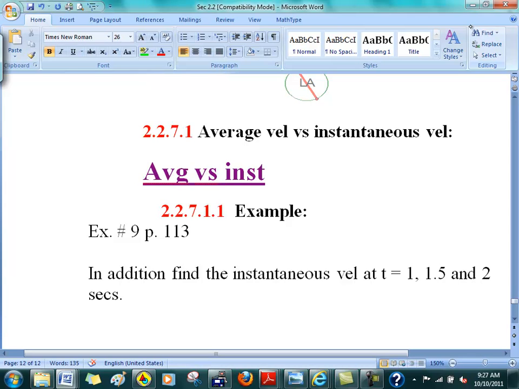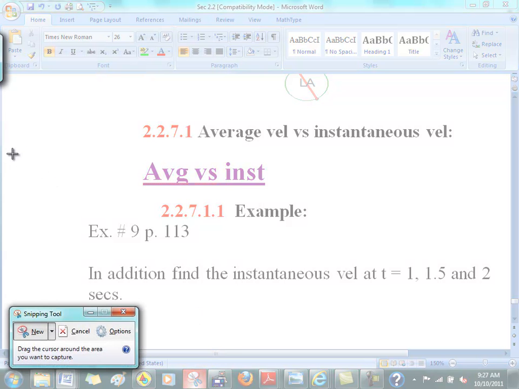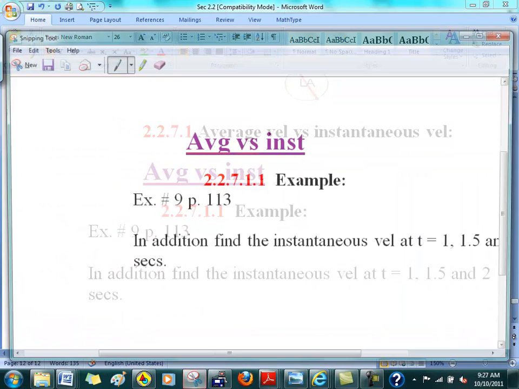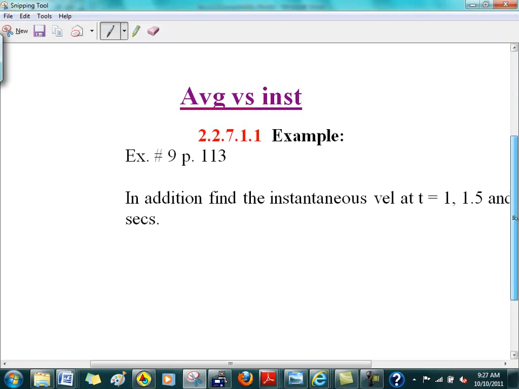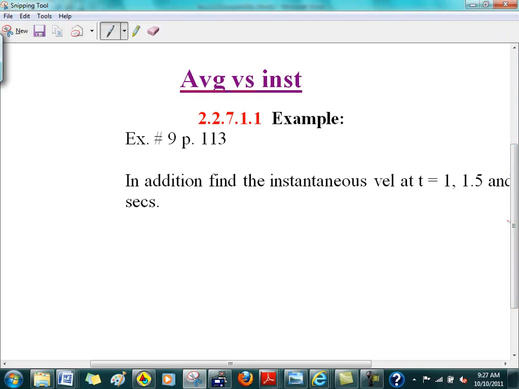Can you please get your books out on that? So your distance function s is equal to negative 16 t squared plus 100.